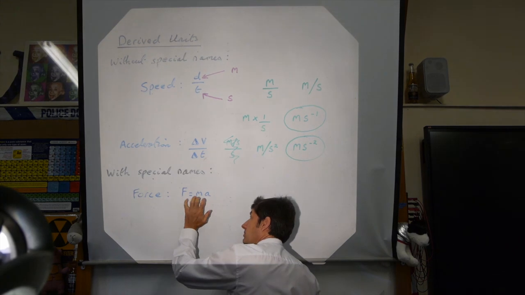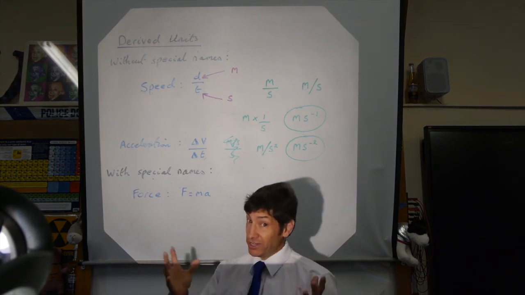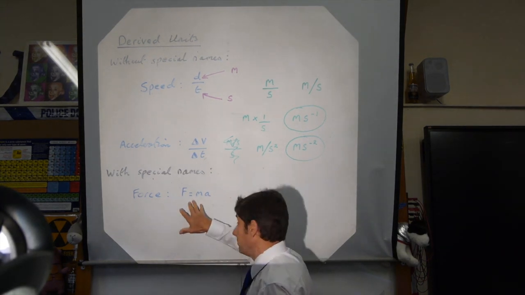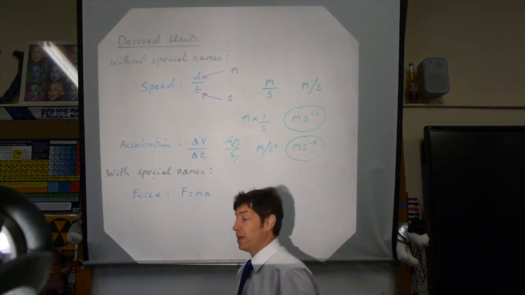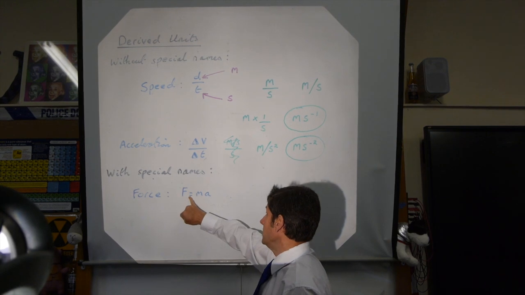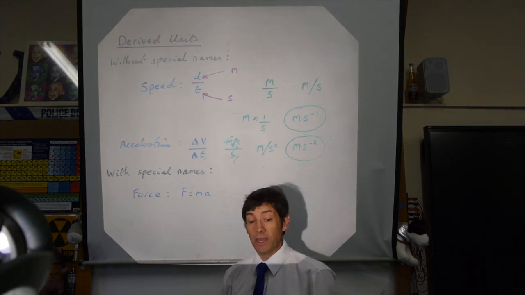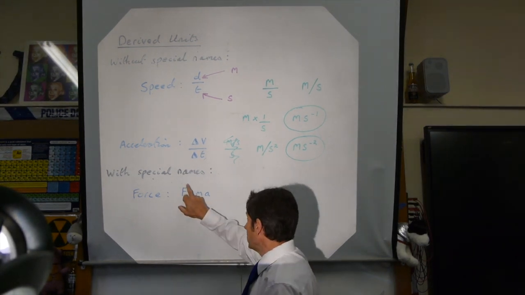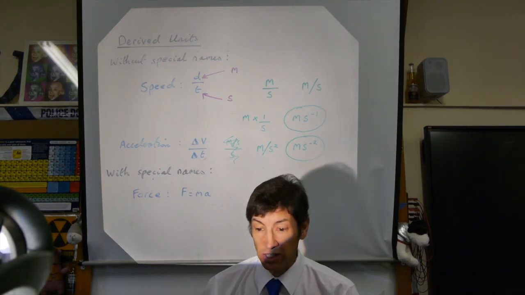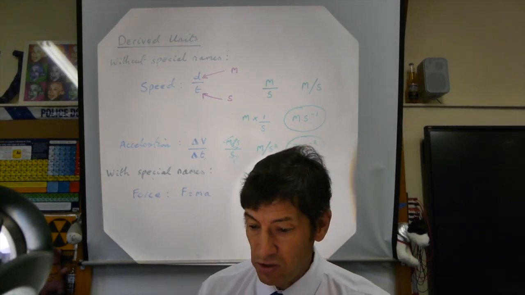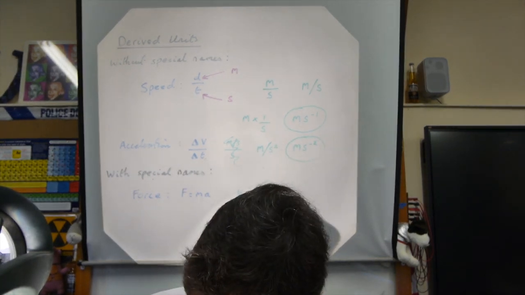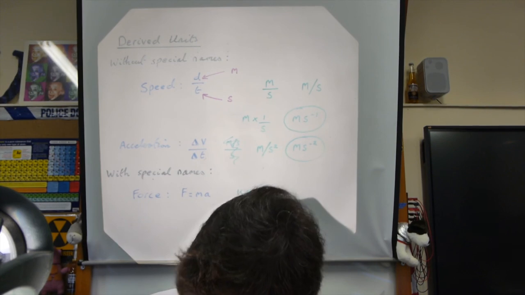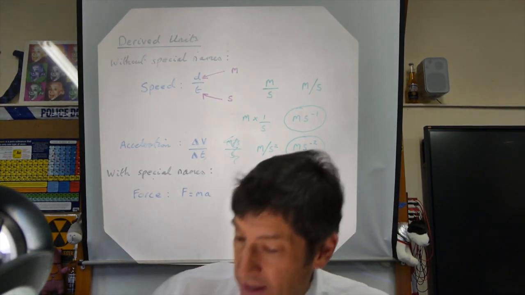It's really important you remember your GCSE formulae and can use them, because this is a very important formula. Capital F, the force, is equal to the mass times the acceleration. So the units of force are mass times acceleration, kilogram meters per second squared.